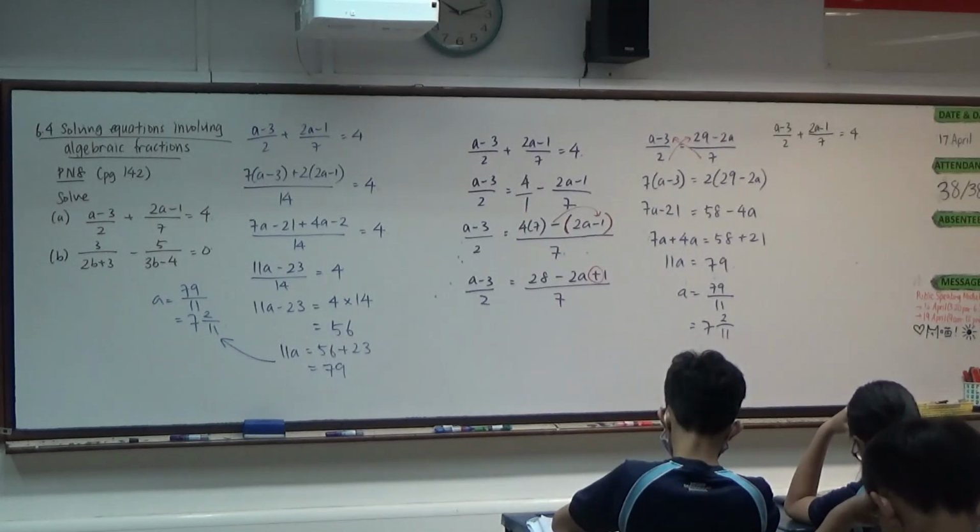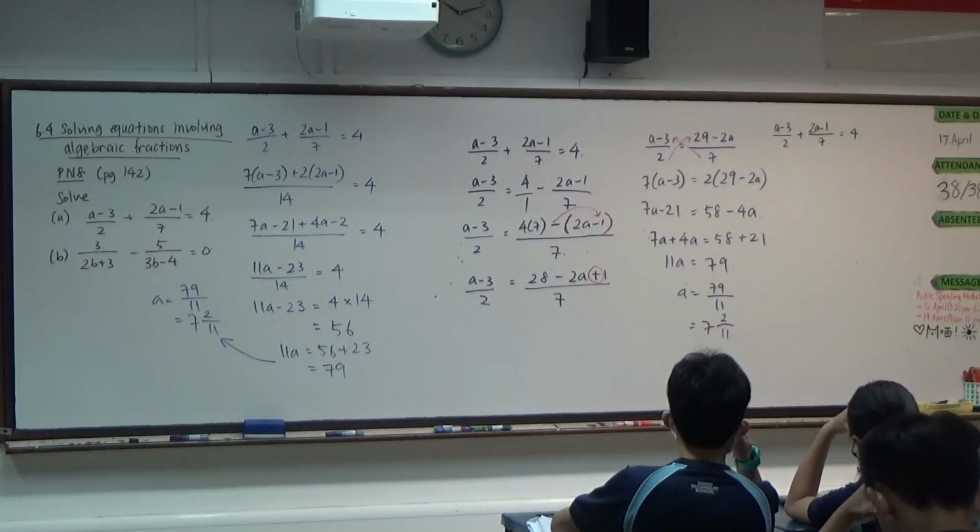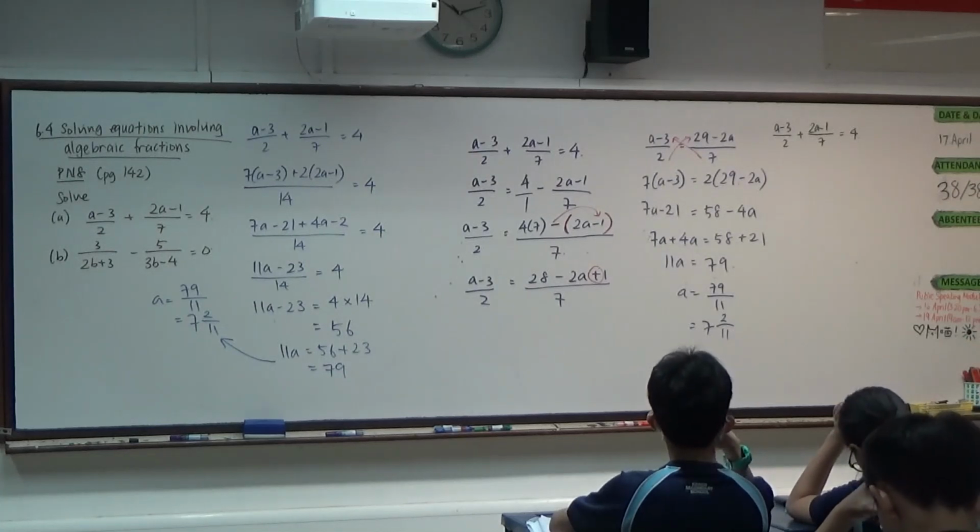I can balance an equation by multiplying on both sides, subtracting on both sides, dividing on both sides, or adding on both sides. Correct? So in order to balance an equation, I must do a certain operation on both sides. The problem about this question is that there are denominators. It is a fraction, and we don't enjoy dealing with fractions.